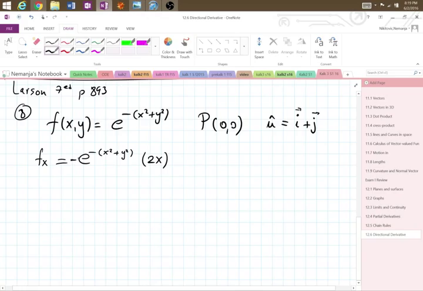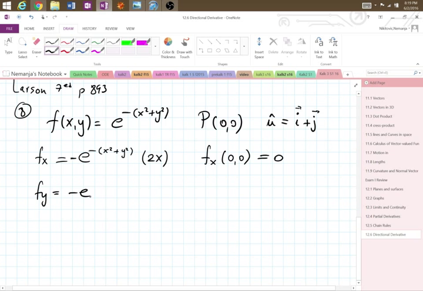Details, pay attention. It is going to work out. So fx at (0,0) is going to be equal to 0. fy is going to be symmetric, except for my 2y over here, and we have fy at (0,0) also 0.